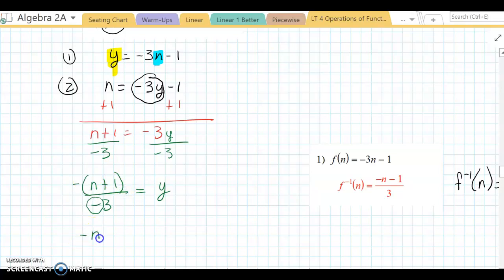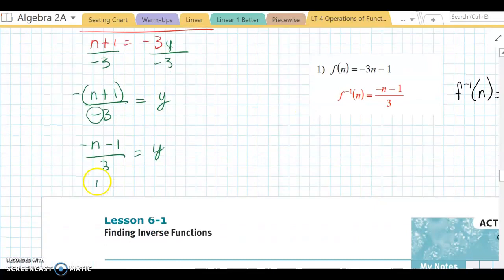So it becomes negative n minus 1 over 3 equals y. And then we could just switch them so it's this way, and then of course we want to change it so it's f inverse of n equals negative n minus 1 over 3. Okay, and that's pretty much it.